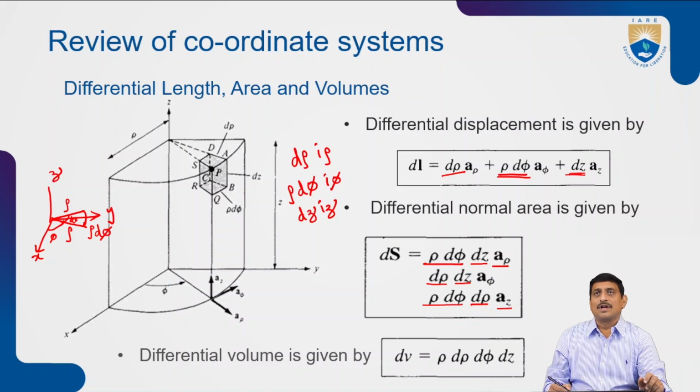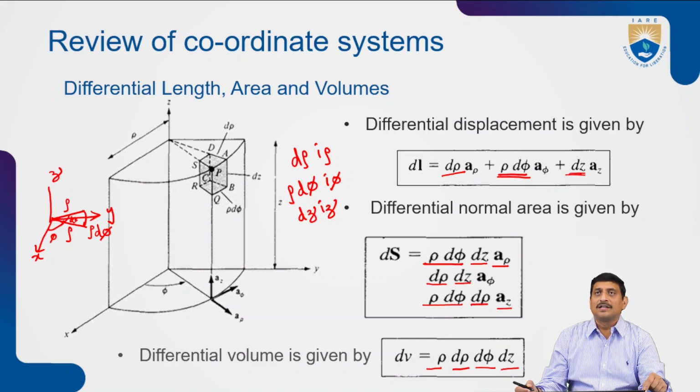If I consider the volume, there is an increment in the rho direction, phi direction and z direction. All these three are variables. So dv is given by the incremental length in the rho direction, d rho, in the phi direction, rho d phi, and in the z direction, dz. The concentration here is only on the phi direction.